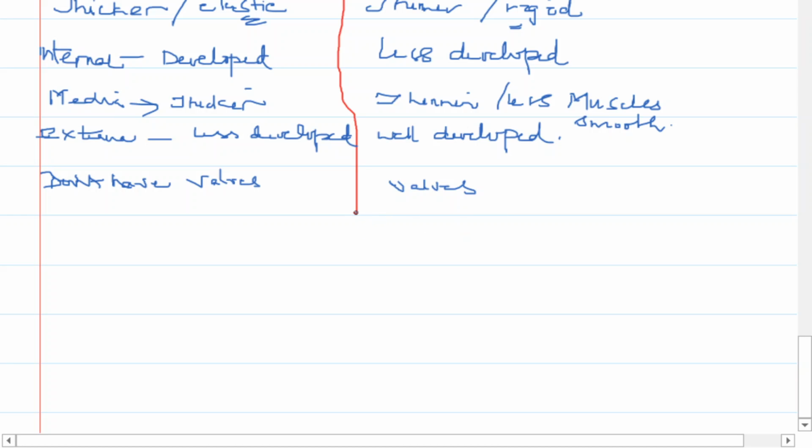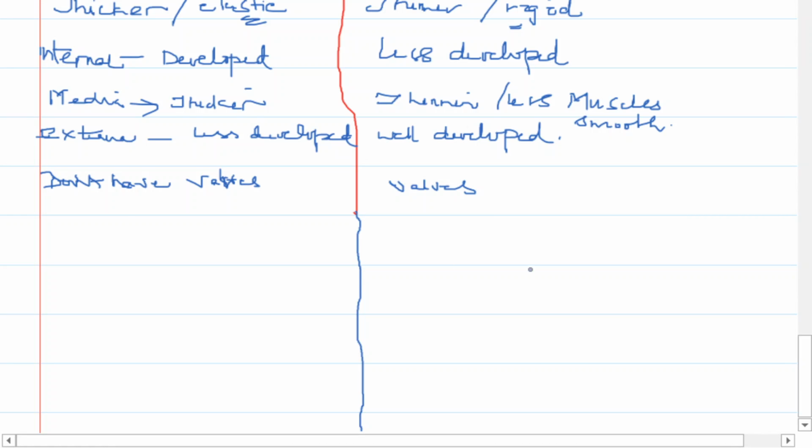Otherwise it won't be able to collect all the blood from the extremities and send it back via the systemic circulation back to the heart. I guess I have to write it better so that you can see it.